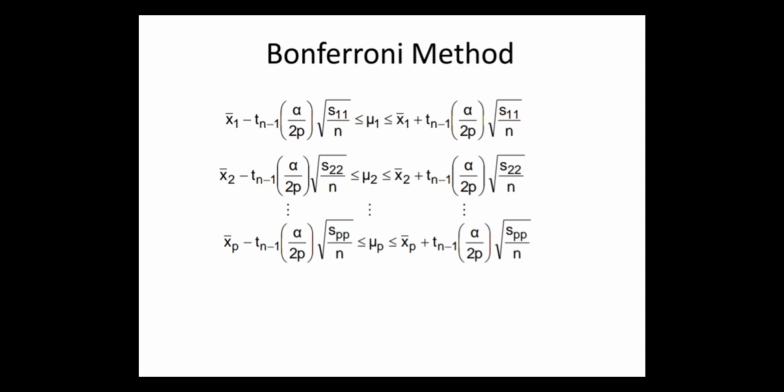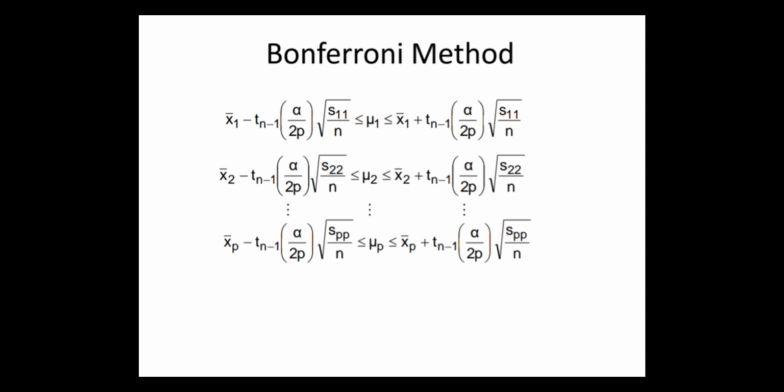So what is the difference between the T-square interval and the Bonferroni method interval? Actually, the simultaneous confidence interval for Bonferroni can be developed that is shorter than the simultaneous T-square interval.